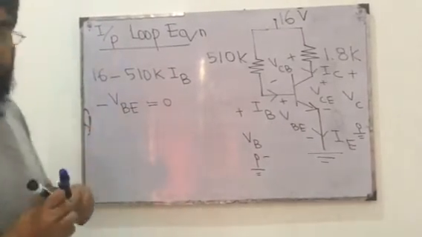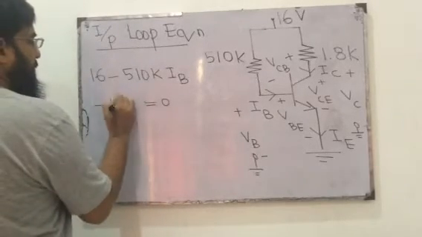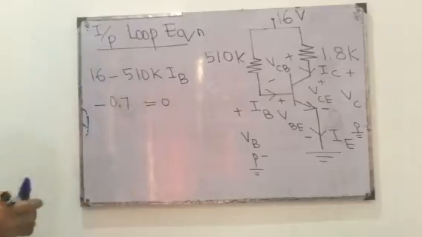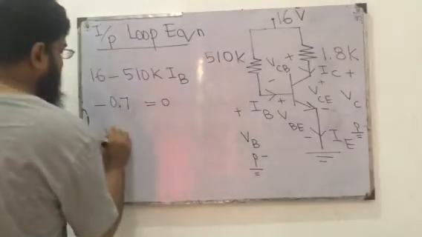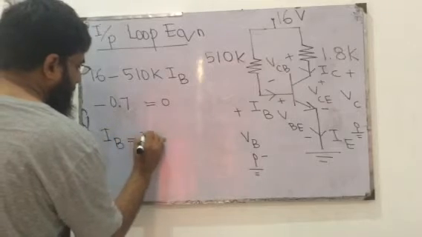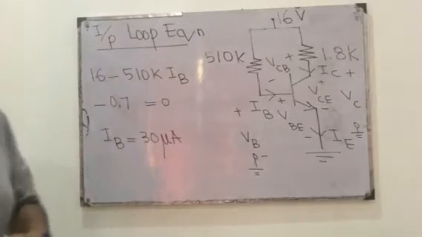VBE is taken as 0.7, as we are in amplification mode. Solving this yields IB equal to 30 microamperes.